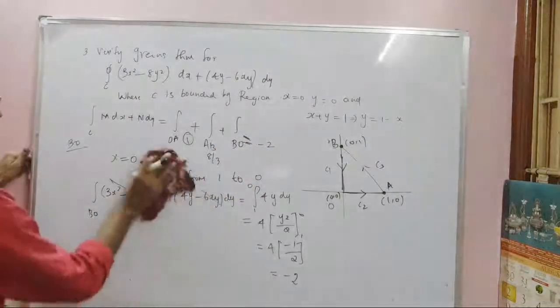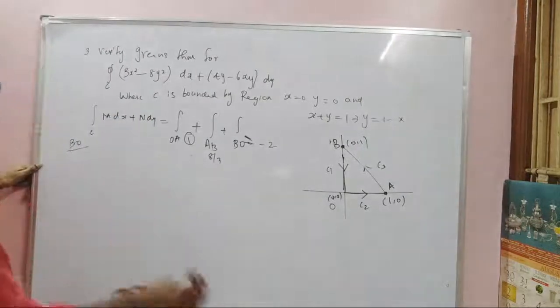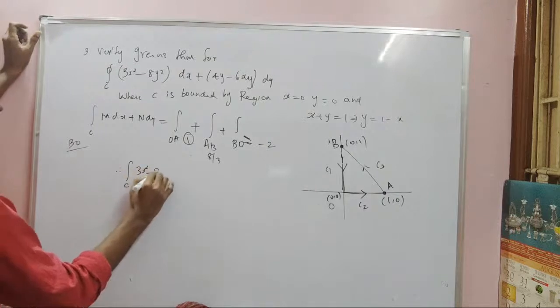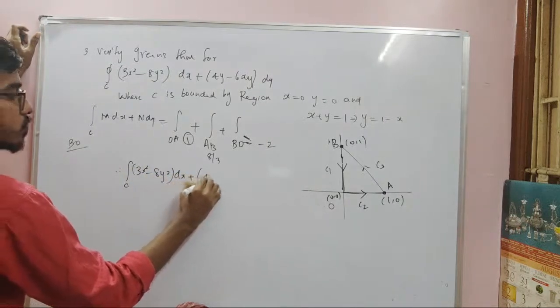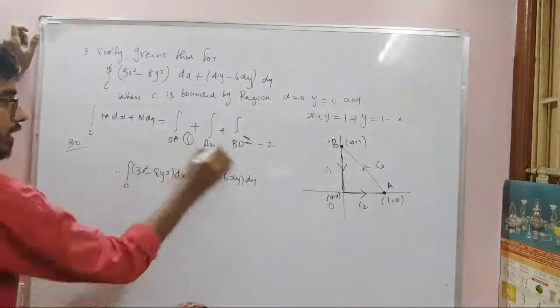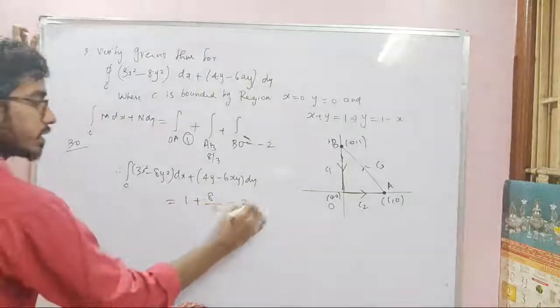We need to add up all of this to get the entire line integral. So the integral over C of 3x square minus 8y square dx plus 4y minus 6xy dy is equal to OA plus AB plus BO. So we have 1 plus 8 by 3 minus 2.